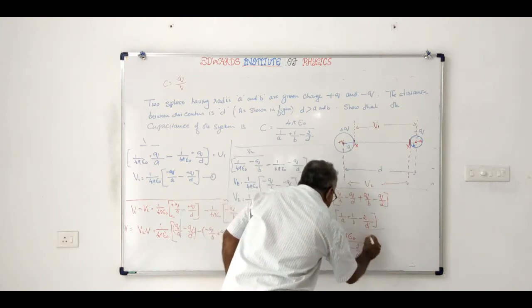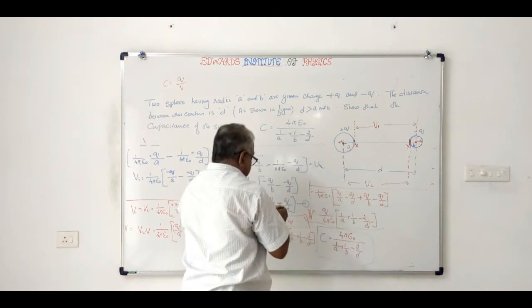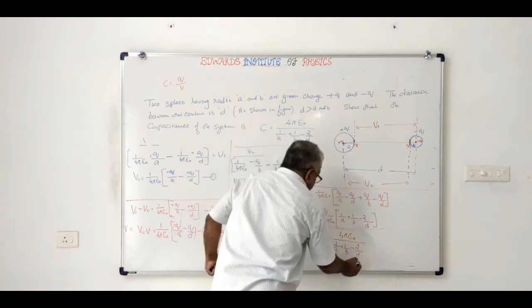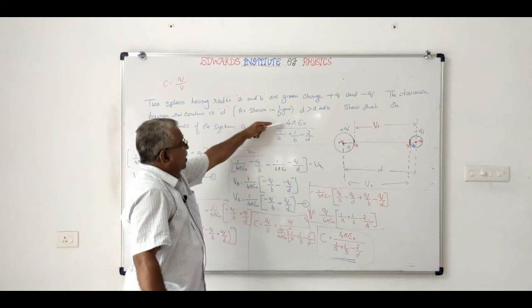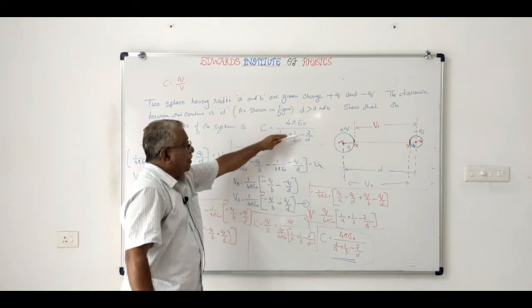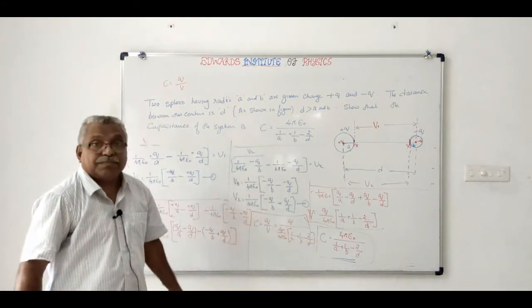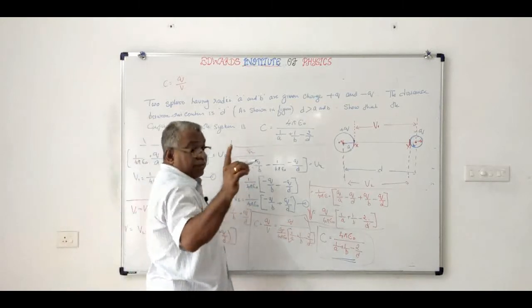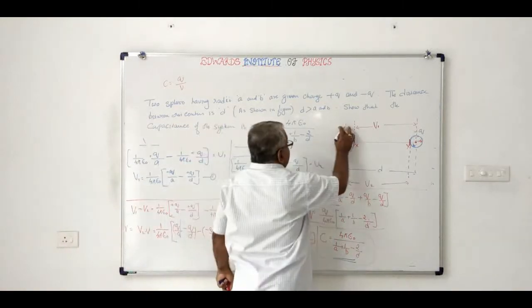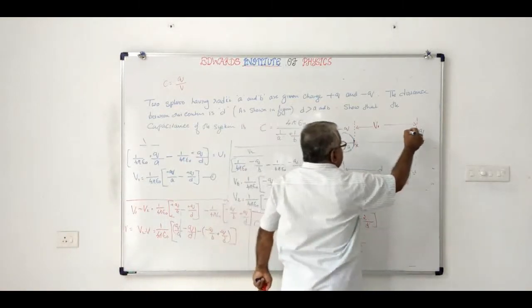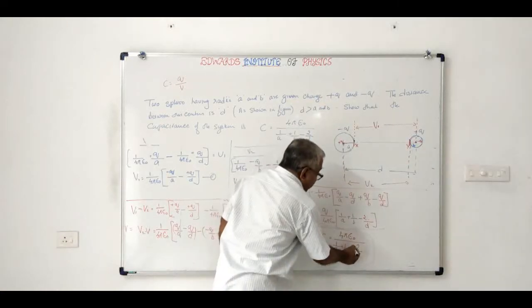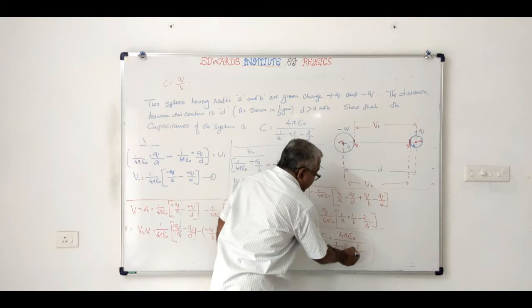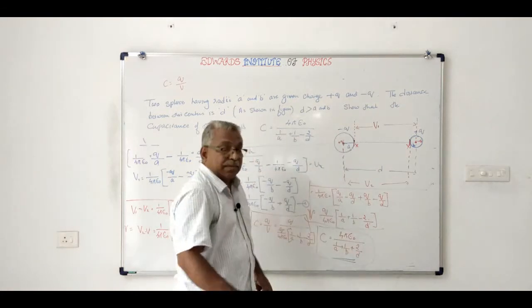So this is what we have to prove. C is equal to 4 pi epsilon 0 times 1 by a plus 1 by b minus 2 by d. One more thing you have to keep in mind: if this is minus and this is plus, imagine like that, then this minus 2 by d will become plus.